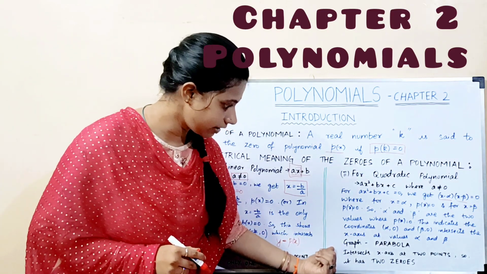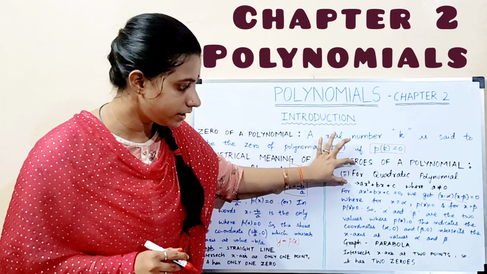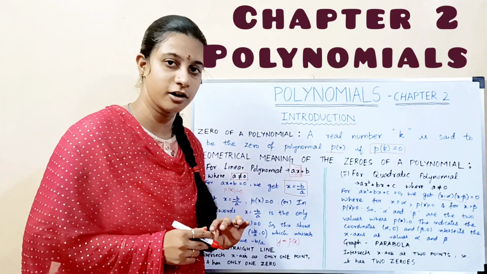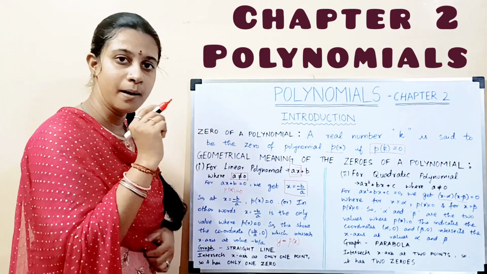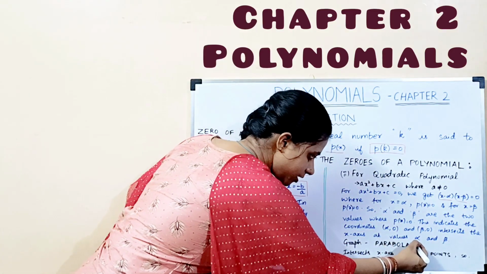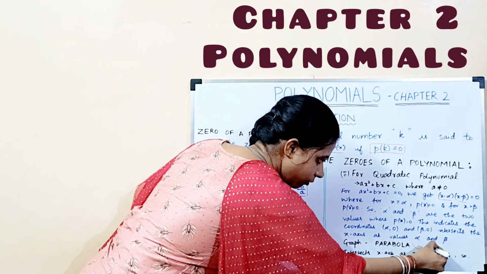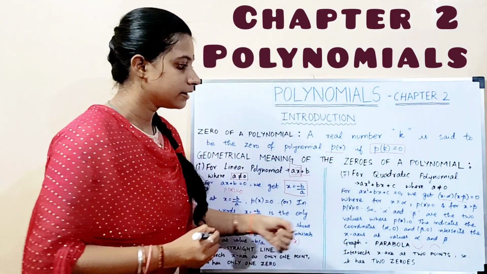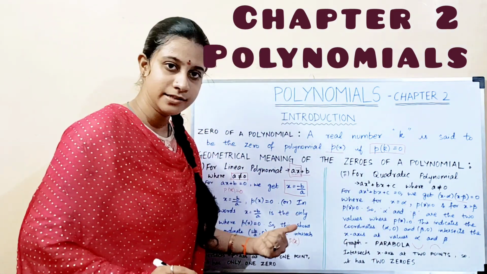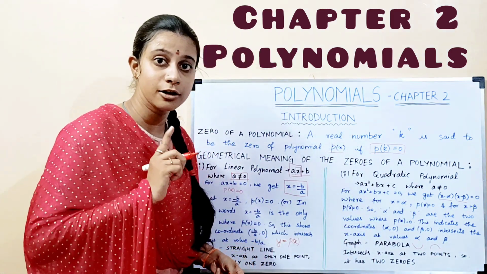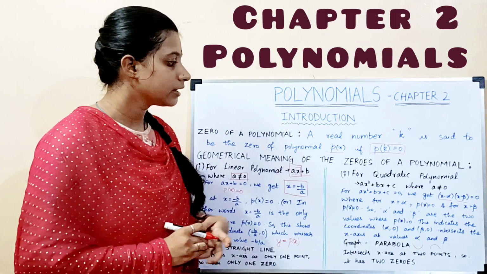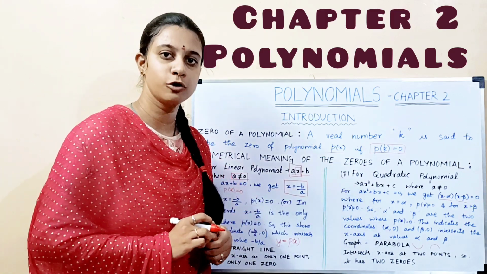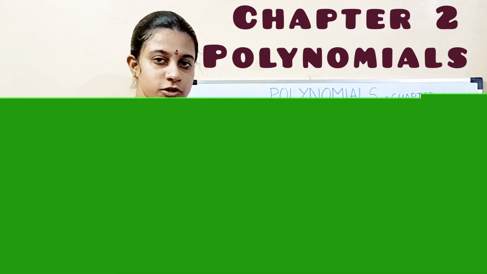Now coming to the graphical representation, if we represent this quadratic polynomial on the graph, we get a parabola, either upwards parabola or downwards parabola. This parabola would intersect the x-axis at 2 points. So the quadratic polynomial will have 2 zeros. Now coming to these 2 zeros of the quadratic polynomial, it has 3 cases, which now we will discuss.